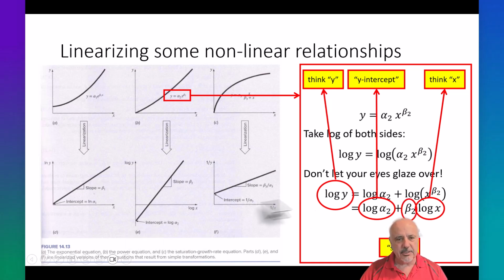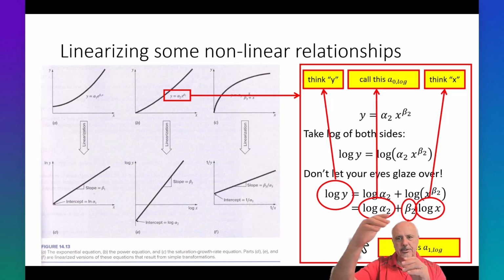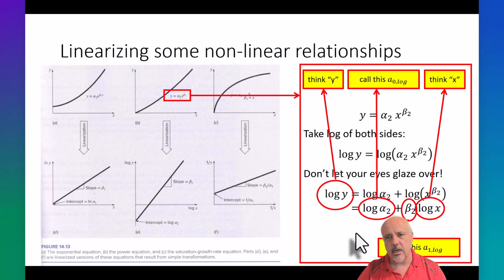And then that beta 2 is actually going to be the slope in your log plot. I'm going to call that slope my a1 comma log, if you will, and I'm going to call the y-intercept a sub naught, quote-unquote, log.